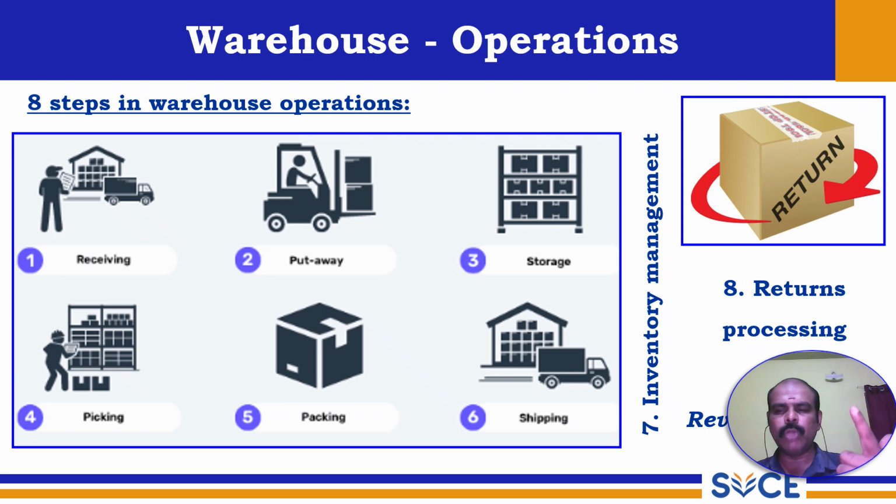So first they receive the order, then second, the concerned box or carton, whatever the nature of packing, will be brought to the storage. That's going to be the third step. Now from the storage, it will be picked up based on our size, our numbers, and the specification, and it is sent for the fifth step, packing.